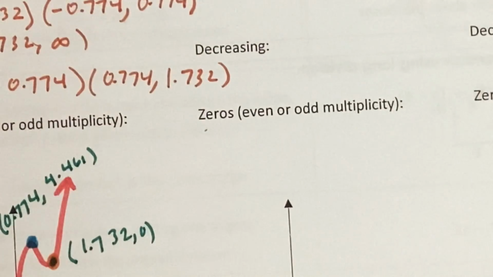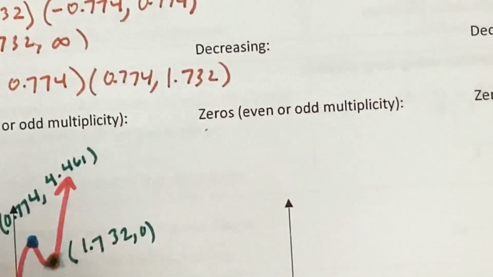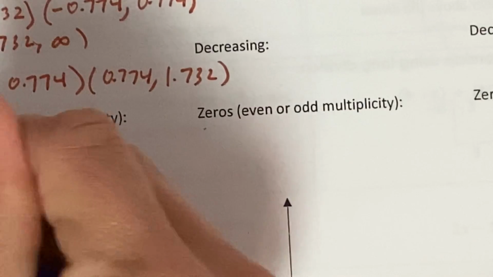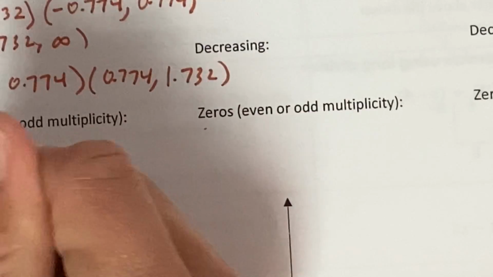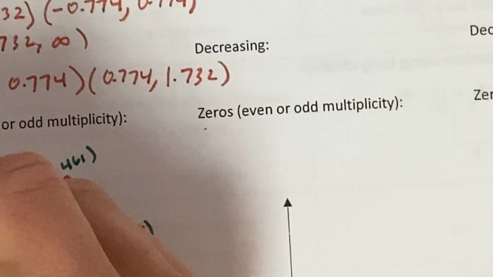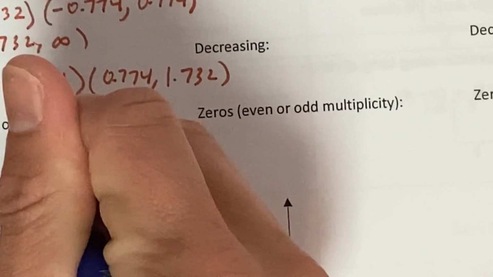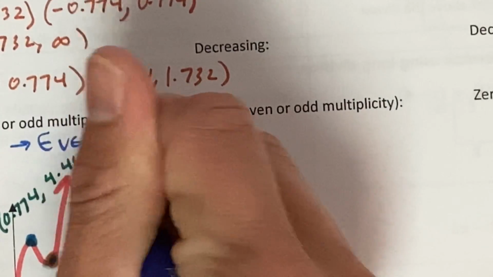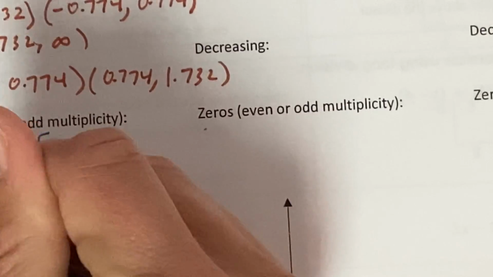Oh, you would list them. So the zeros would be this guy, this guy. This guy's supposed to hit 0. So we would say negative 1.732, 0, and 1.732. And then this one was even, this one was odd, and this one was even.